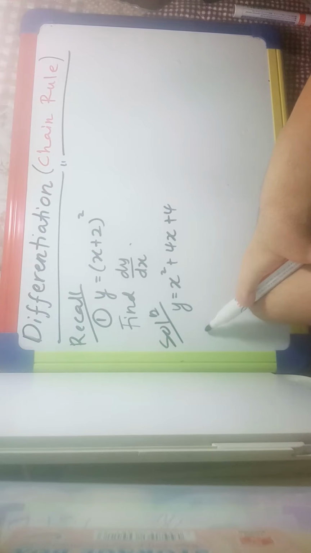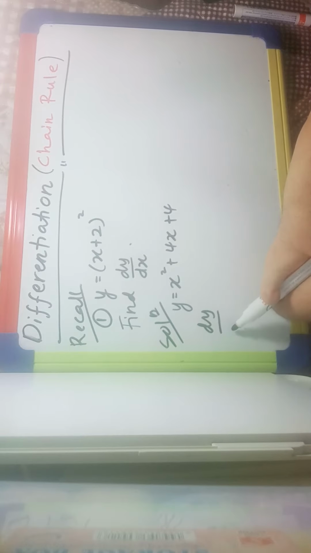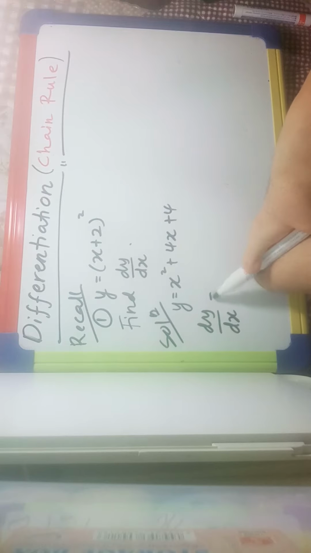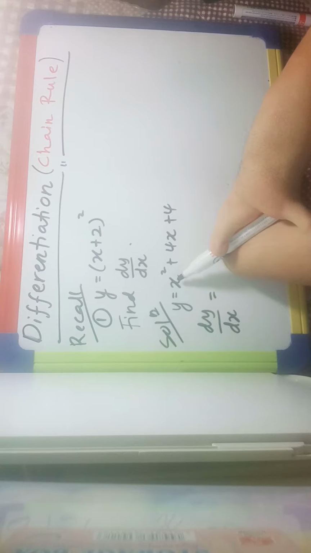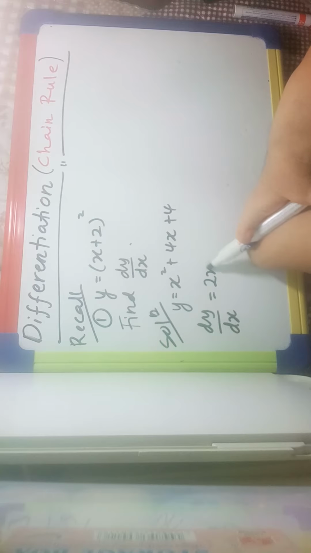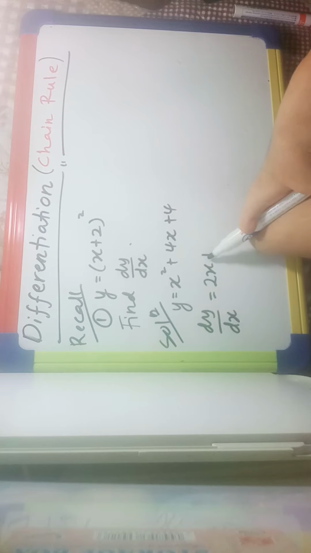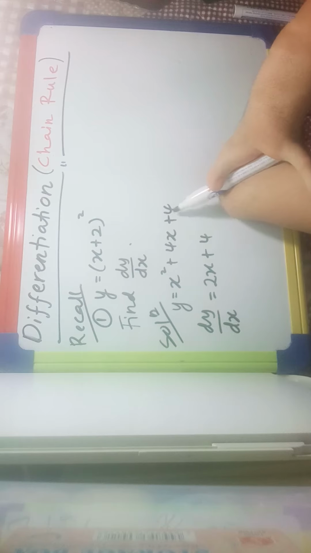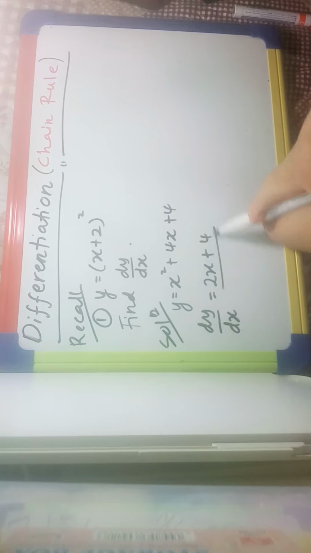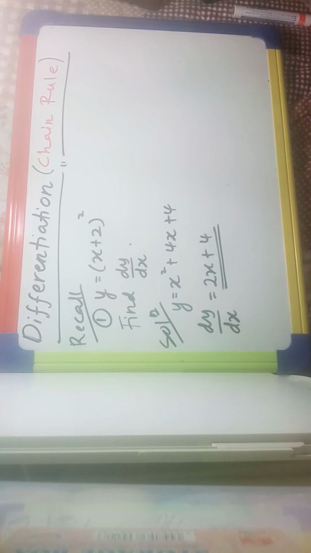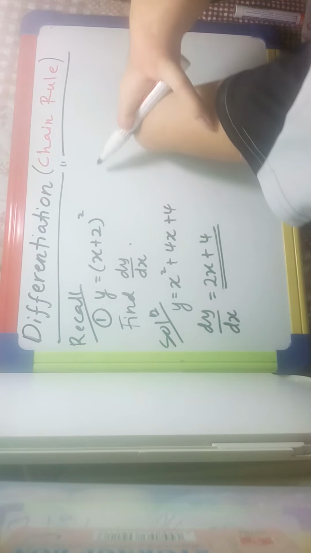Now, as usual, in order to find dy over dx, you need to differentiate term by term. Differentiate x squared, you get 2x; differentiate 4x, you get 4; differentiate the constant, you get 0. So this is our dy over dx. This one is easy if the power is 2.